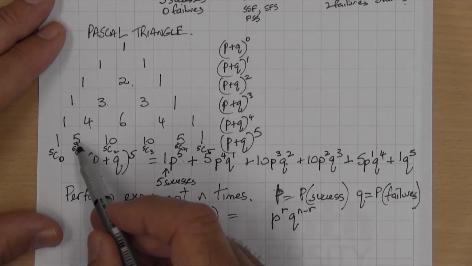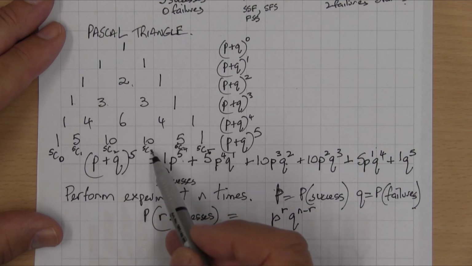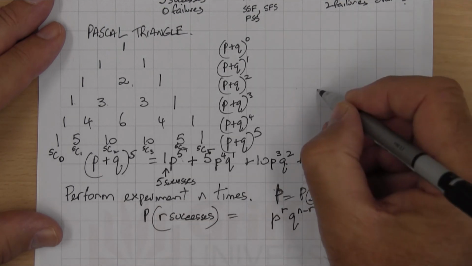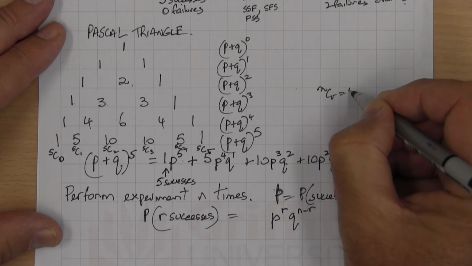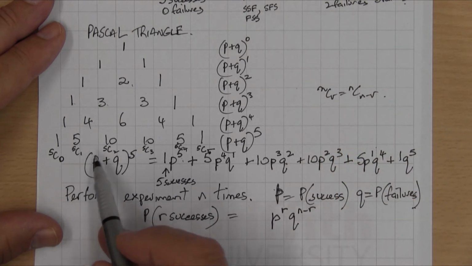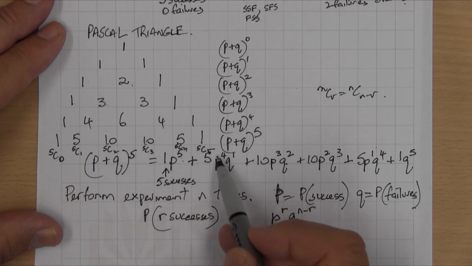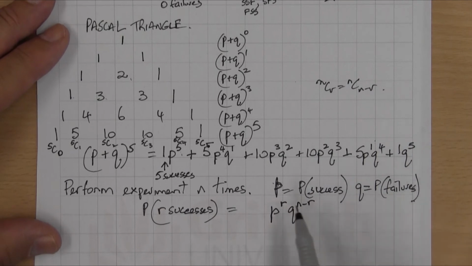So 5C1 is 5. You could work it out doing the calculations with factorials. 5C2 is 10. Don't forget that nCr equals nC(n minus r). So that's why 5C1 is the same as 5C4, and that's why 5C0 is the same as 5C5.